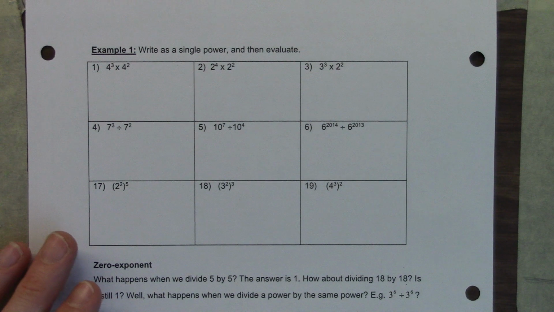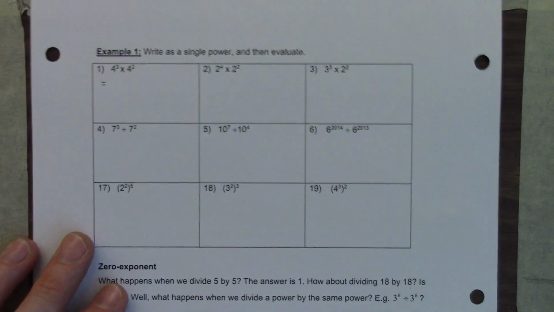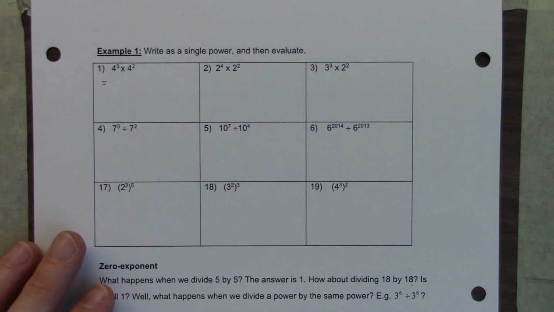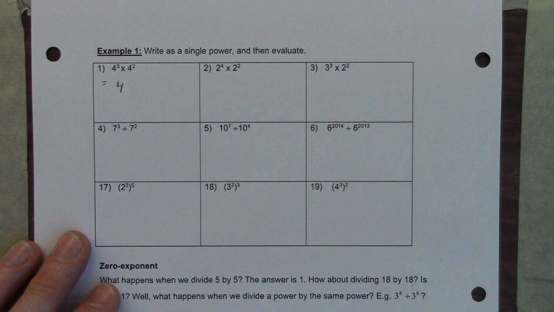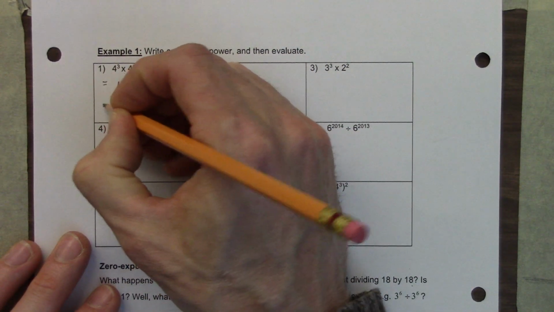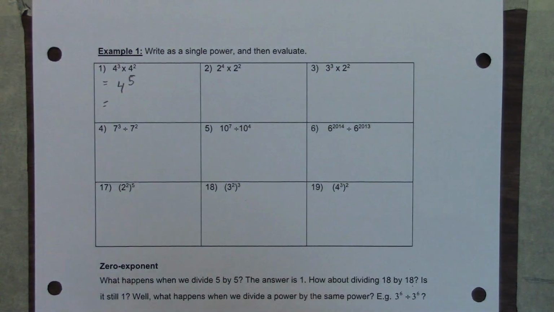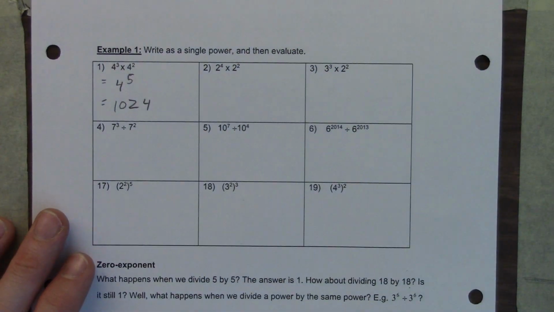Write as a single power and then evaluate. Maxis, what would this be as a single power? Yeah, 4 to the power of 5. And if you use your calculator, you should be able to do this relatively easy and get 1024.